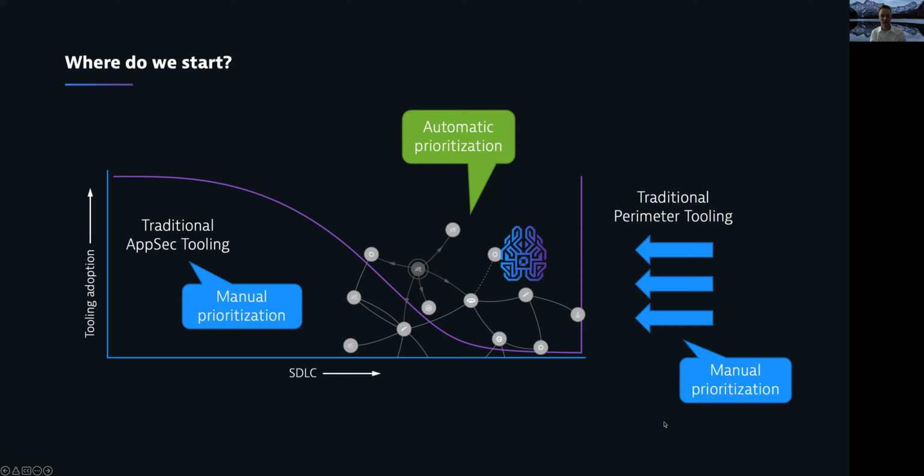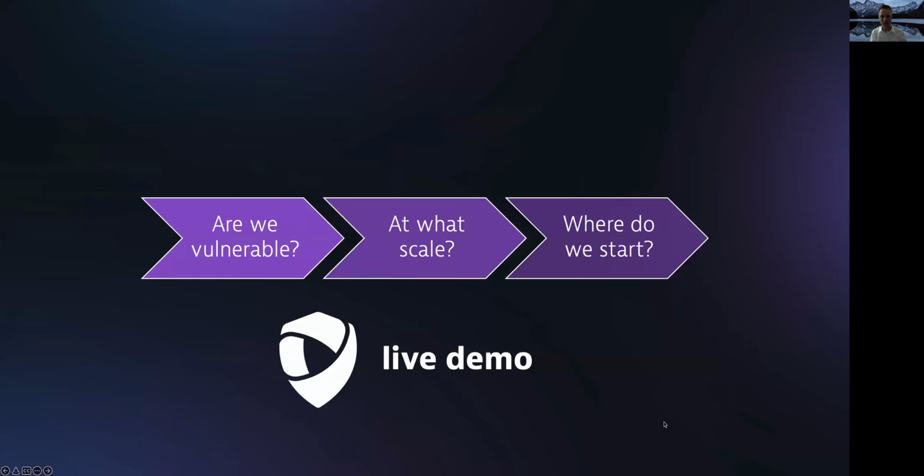That puts you in a position where Dynatrace does an automatic prioritization for you, right? So again, it's the gap that Dynatrace fills. So in summary, are we vulnerable? At what scale? And where do we start? All can be answered really straightforward and really simple with Dynatrace application security. And I'd like to show you now how it's done in the live demo.